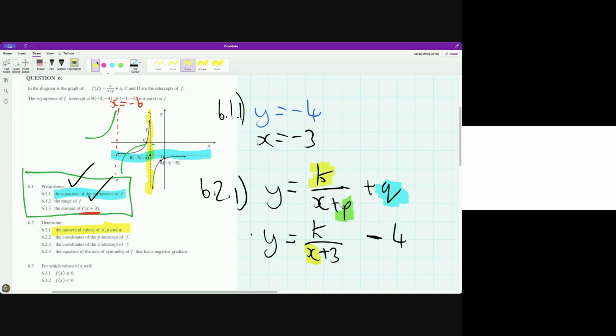What do you think I do to find the value of k? What information have I not used that maybe I can use to help me? Who has some ideas?